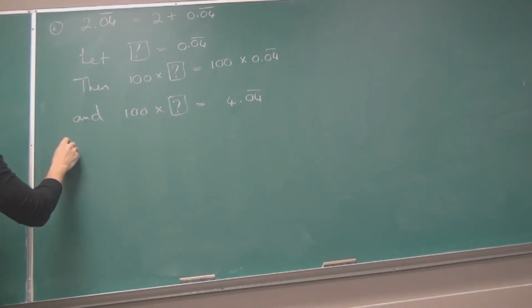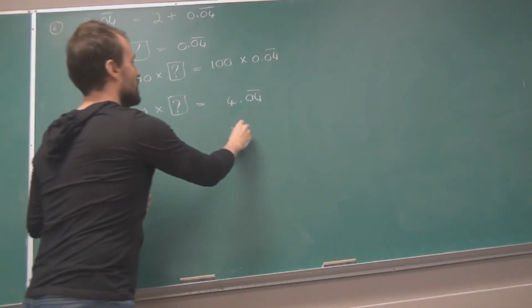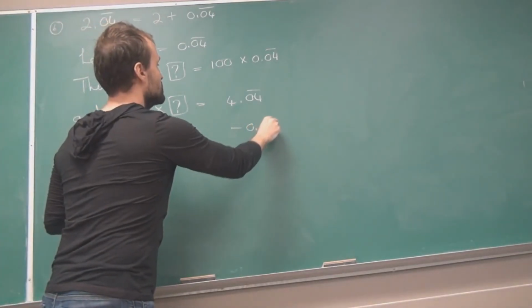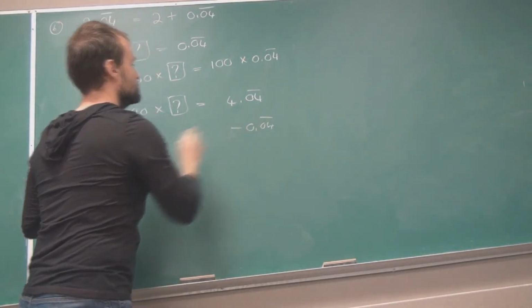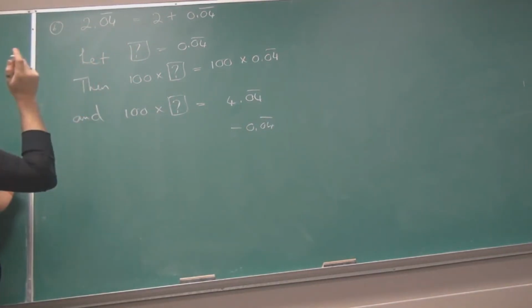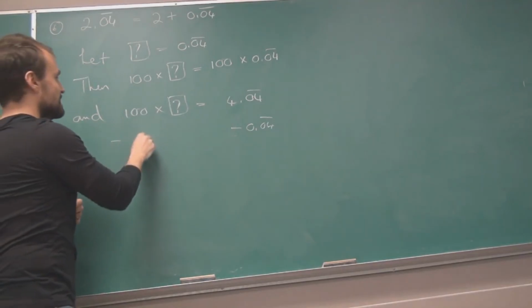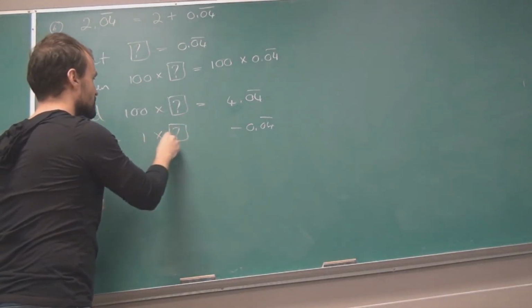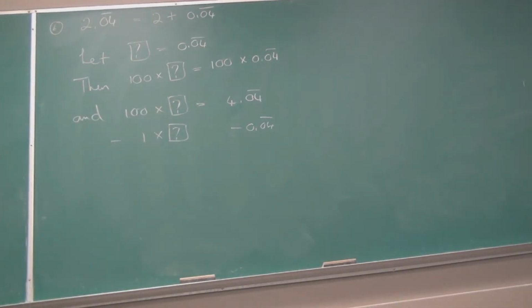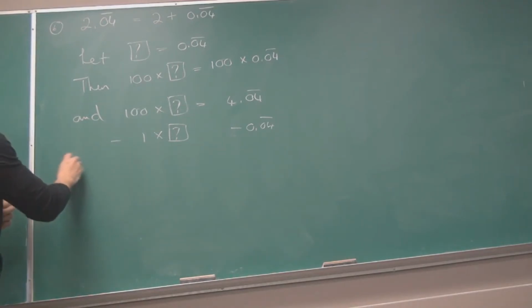So, did I have a so? No, I didn't have a so. I'm subtracting 0.04 repeating. That is, thank goodness, the same as a single question mark. So there's no real complications there, luckily.